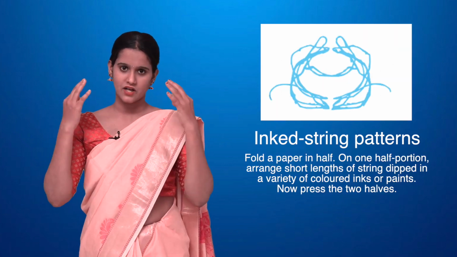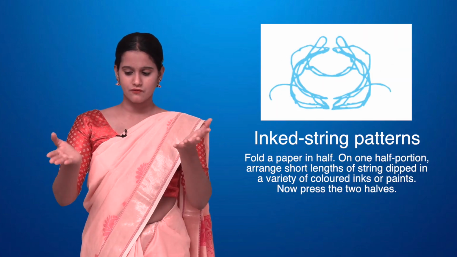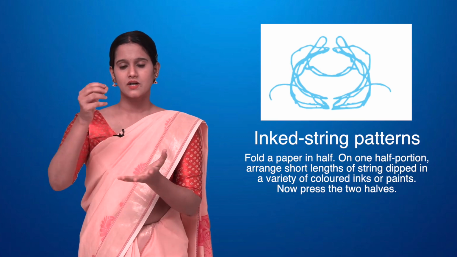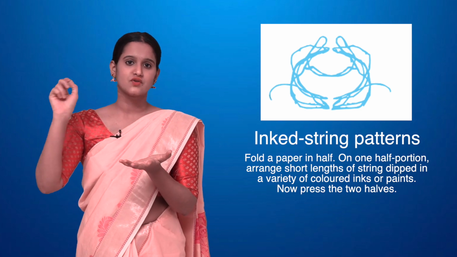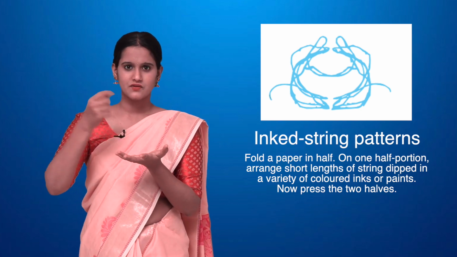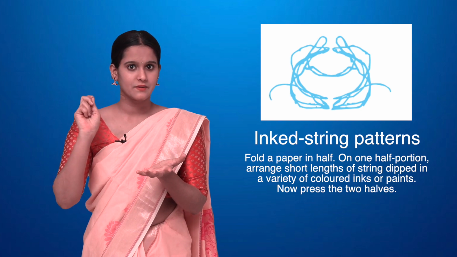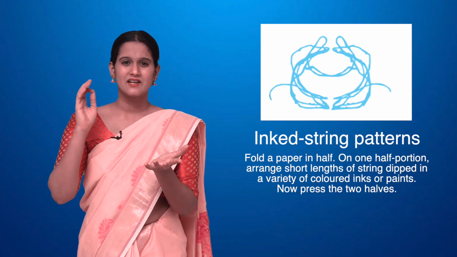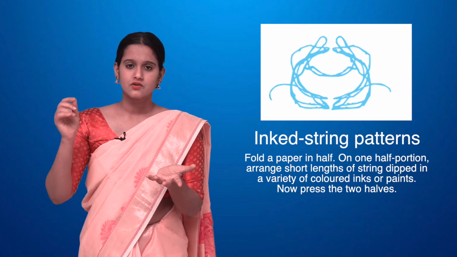Not only here, you can also see symmetry using an ink string pattern. Again you take a paper and fold it exactly in half. On one half, I'll place a short length of string dipped into ink, in a variety of colors like blue, red and green.